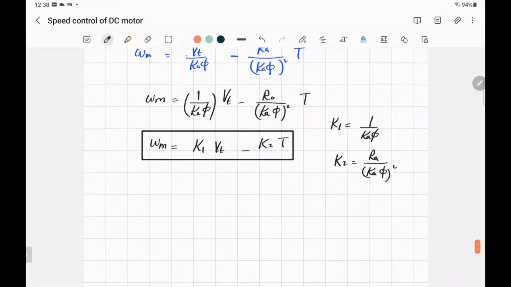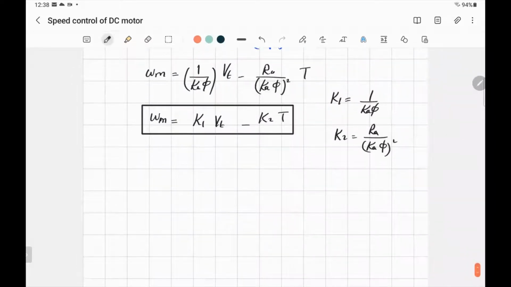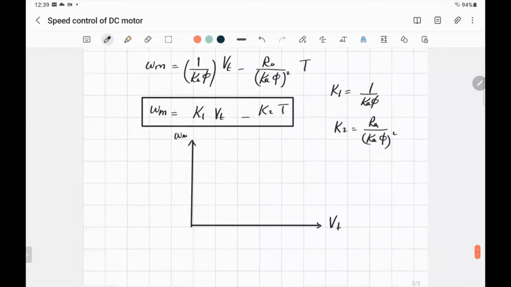Let's sketch the relationship between omega and voltage, how the speed changes with voltage. So I will have the y-axis the speed, and that's the terminal voltage, and that's the speed. First, what if the motor is not loaded? The torque is equal to 0.